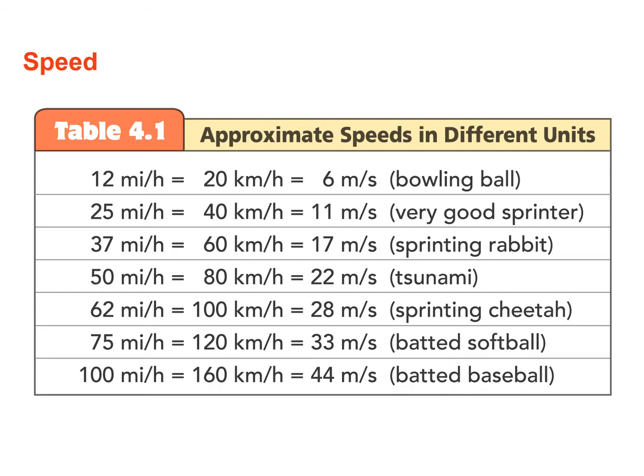What you will see is that you can take the magnitude or size of the miles and divide by 2, and the meter per second will be just a little bit under that number. So for example, 50 miles per hour equals 22 meters per second.